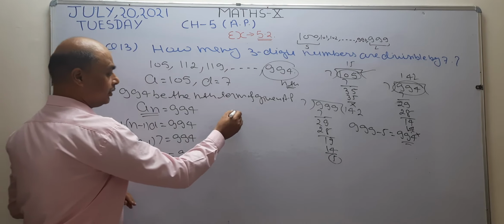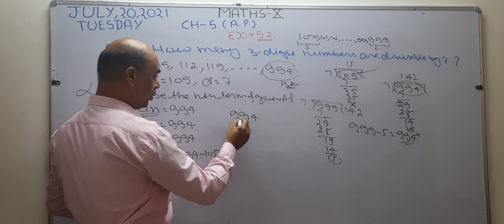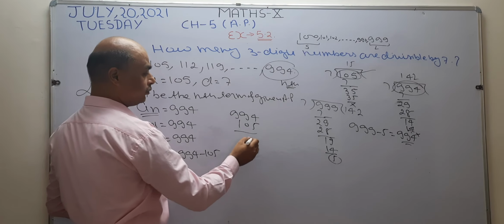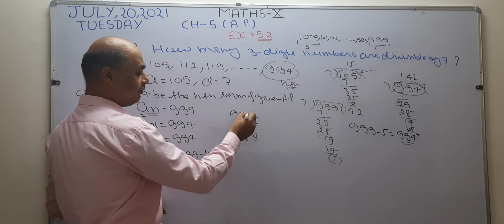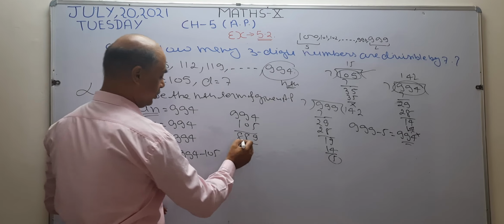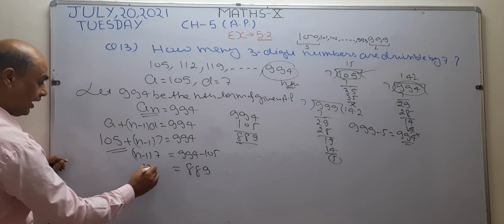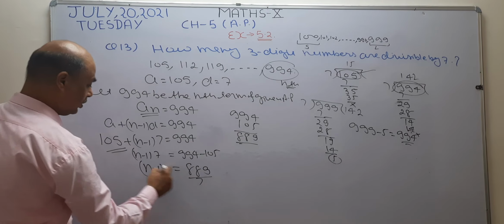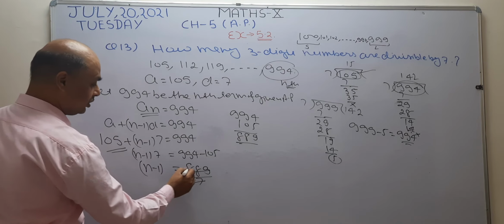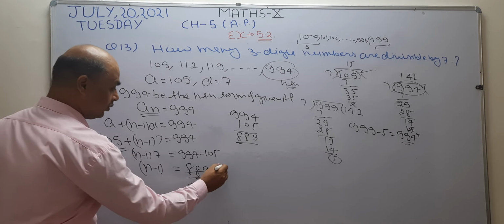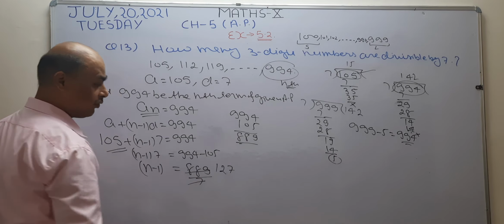Now I subtract 105 from 994. 14 minus 5 is 9. What is left? 8, and 9 minus 1 is again 8. So this becomes 889. Now this 7 is going to divide this. See, 7 1s are 7, 7 2s are 14, and 7 7s are 49. So n minus 1 is 127, and the value of n becomes 128.